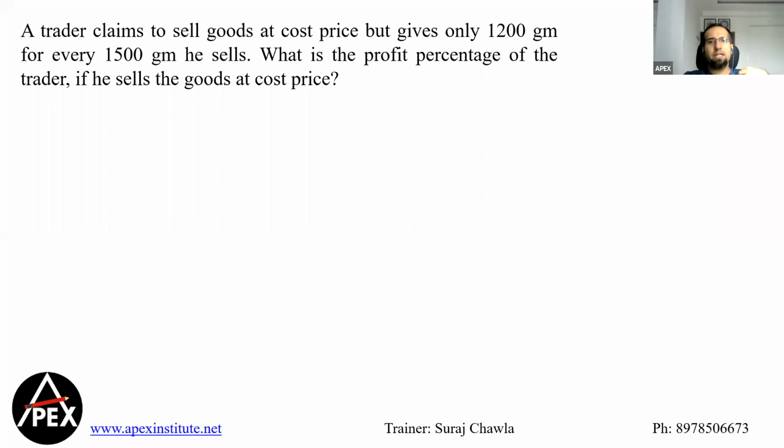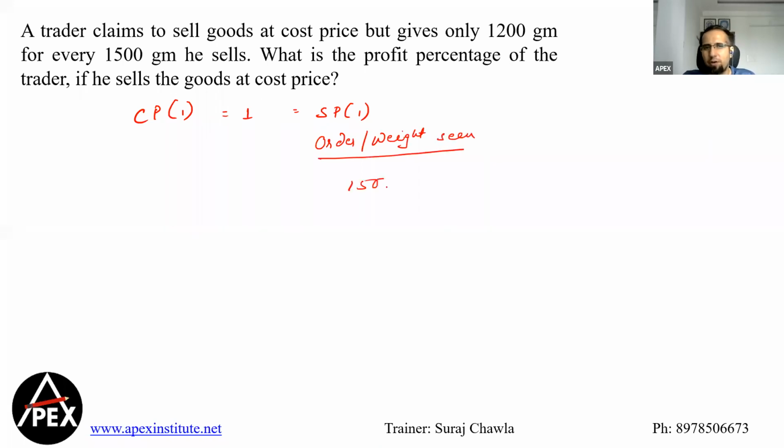So a trader claims to sell the goods at cost price. The minute you read this, you can look at it as CP of 1 gram is equal to 1 rupee, which is also equal to SP of 1 gram. But he gives 1200 grams for every 1500 grams he sells. So I repeat, whatever weight is seen on the weighing balance, that is the selling price, which means 1500.